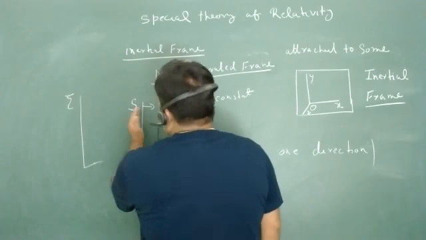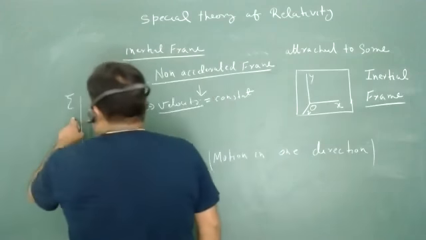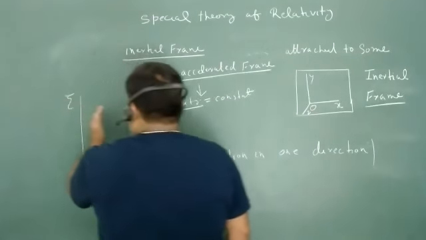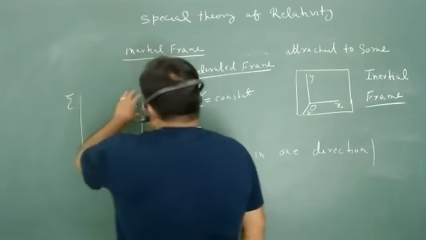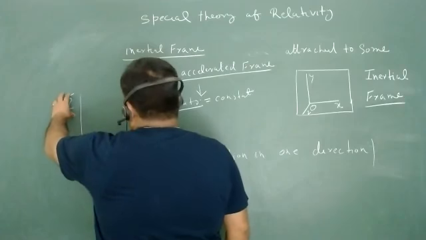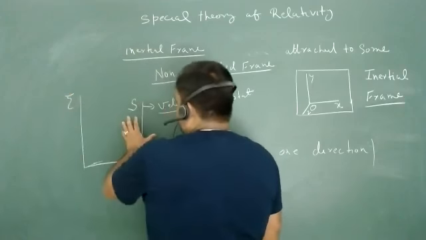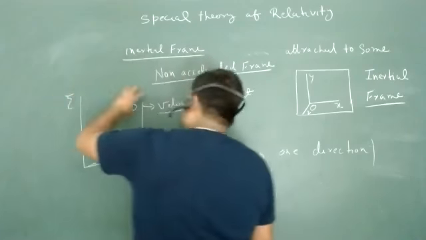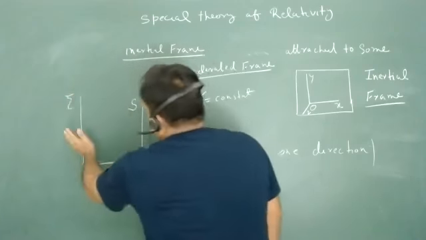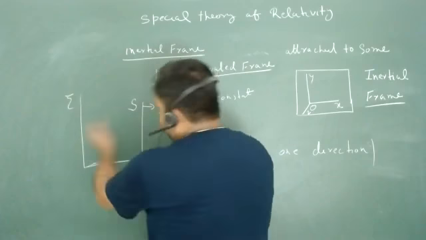What is the meaning of t = 0? So this S frame is continuously moving with respect to this one. These two frames are obviously in relation to each other. If this frame is inertial with respect to this, then this frame is also inertial with respect to this, because we are talking about relative speed, relative motion.